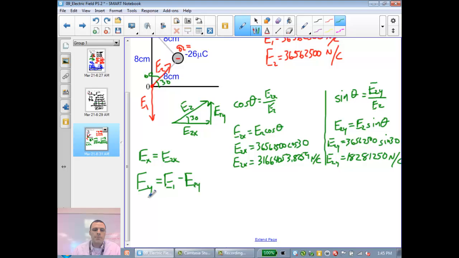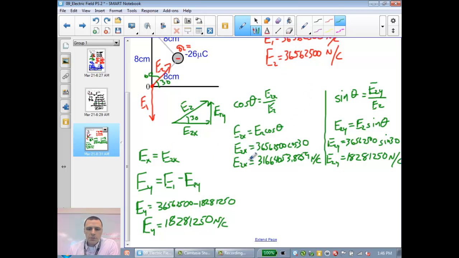And this is going to give me my net electric field in the y direction. E y equals E1, which is 36,562,500, minus my E2y value, 18,281,250. My Ey value is, I think it comes out to be the exact same thing, but I want to make sure. 18,281,250, which it does.